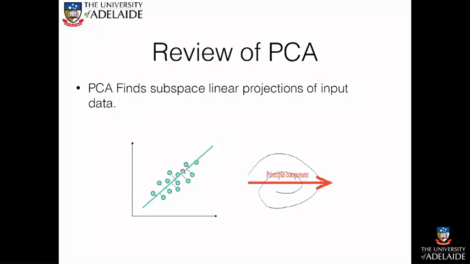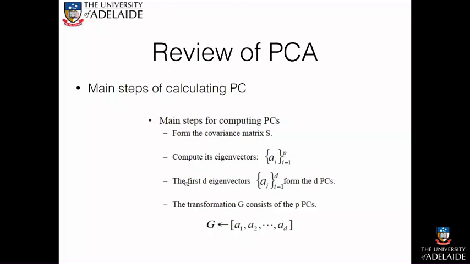And the second one will be in this direction, orthogonal to the first one, so it will be that direction. I might skip this one. The calculation mainly involves eigen decomposition or singular value decomposition, EVD or SVD.